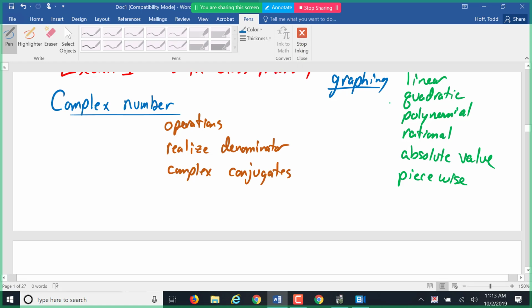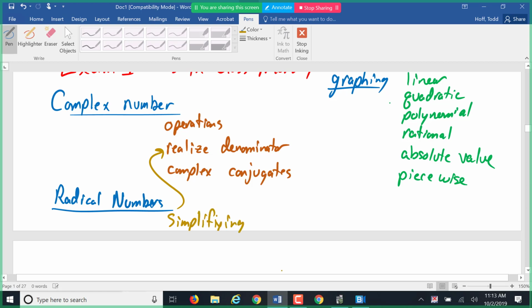You'll also be asked to work with radical numbers. Doing all the things listed above, doing operations with them, rationalizing denominators and using the conjugates, but then also simplifying. That's like taking the square root of 20 and separating it into 2 times the square root of 5.